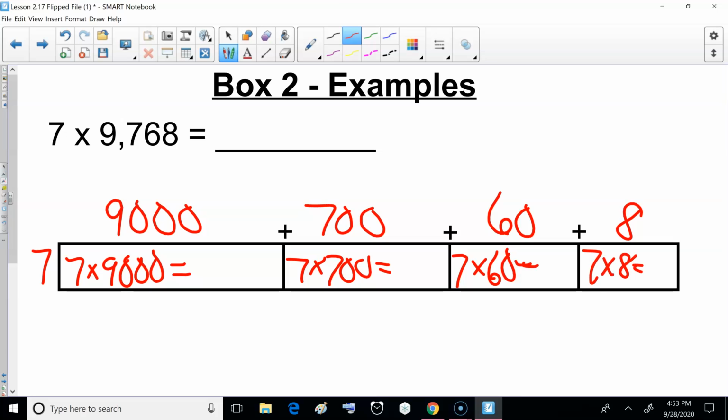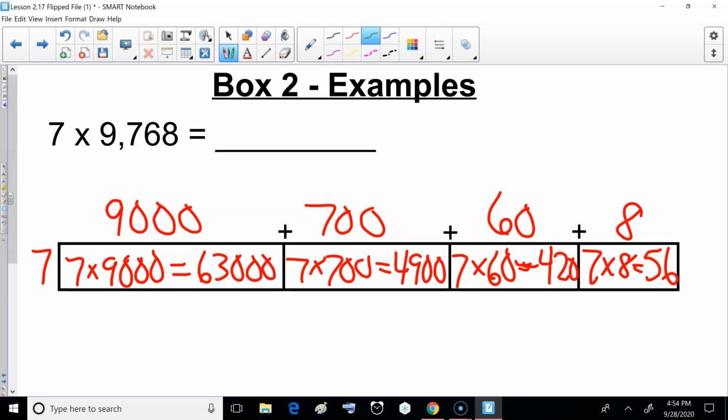And now we go through it. 7 times 9 would be 63, and that's in the thousands, so I would have 63,000. I have 7 times 7 is 49, so I have 49 hundreds, or 4,900. 7 times 6, 6 is in the tens, so that would be 42, so I have 42 tens, or 420. And 7 times 8 is 56.